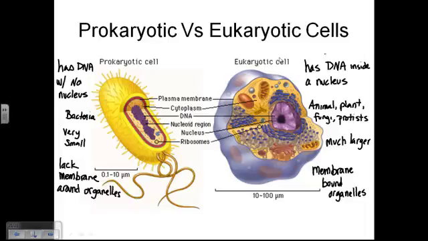These belong to the animal kingdom, so we are made up of eukaryotic cells. Think of eukaryotic, Y-O-U, that's what you have. But so are plants, fungi, and protists, which are like that amoeba we saw in a previous slide, and they're all made of eukaryotic cells. And these tend to be much larger in size than the prokaryotic cells.